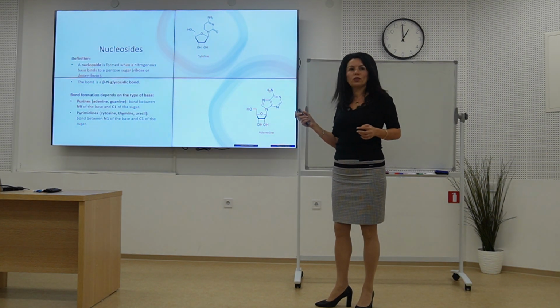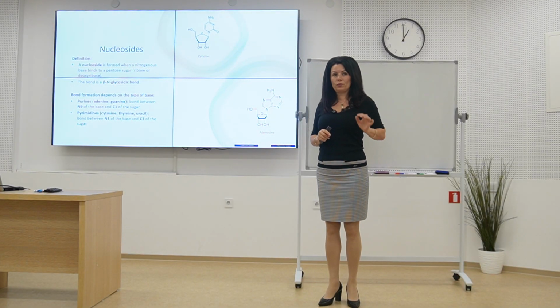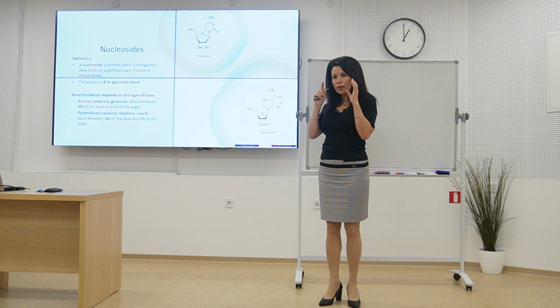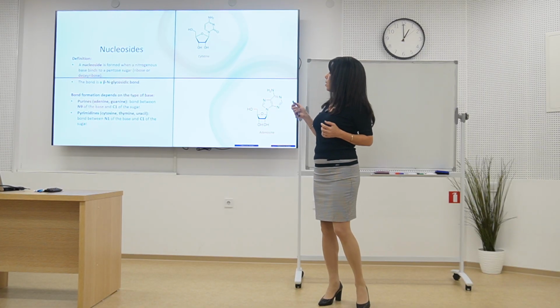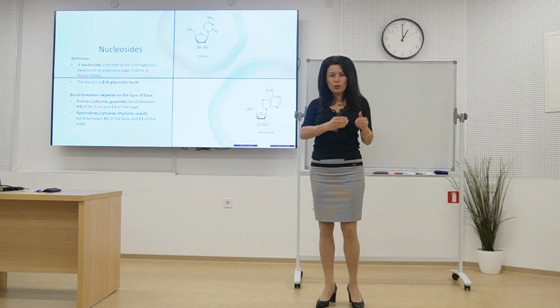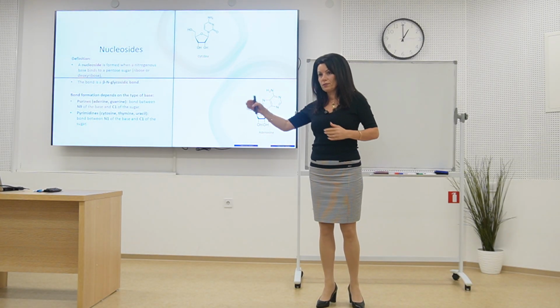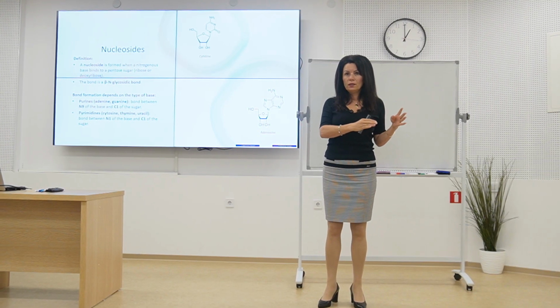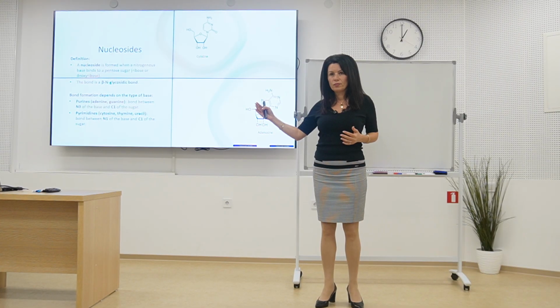But how is the name formed? The name of the purine nucleosides is formed by the combination of the base name plus osine: adenine, adenosine; guanine, guanosine.